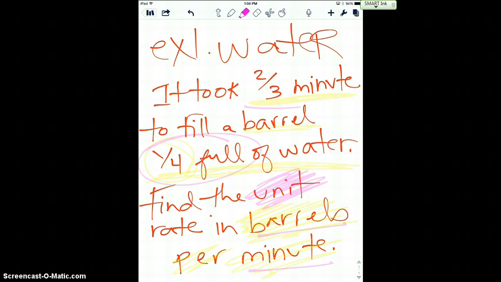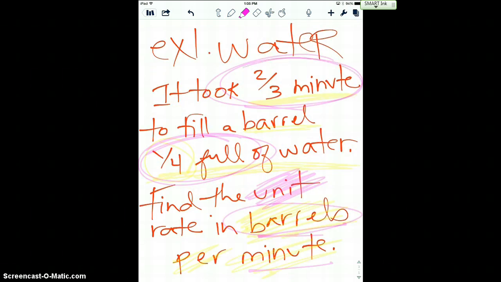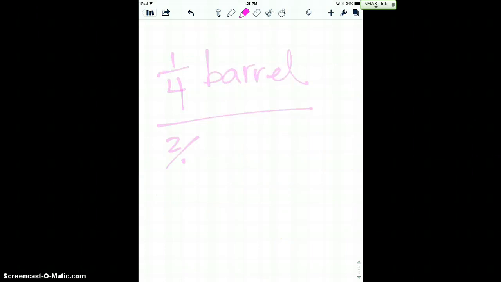So my two numbers that I'm going to use, which one is going to go first? Barrels. So which one dealt with the barrel? The 1/4. So when I write out my ratio, I'm going to have 1/4 of a barrel being compared to, for every 2/3 minute. 2/3 minute. And I would be done here if that were my unit rate.